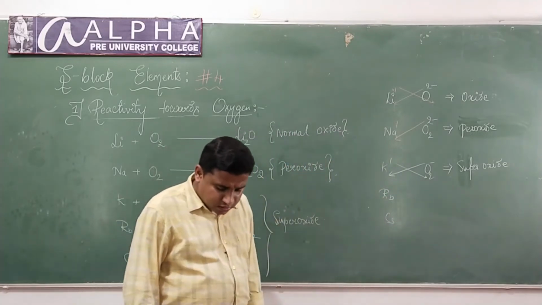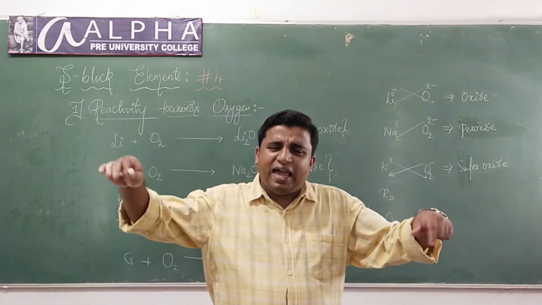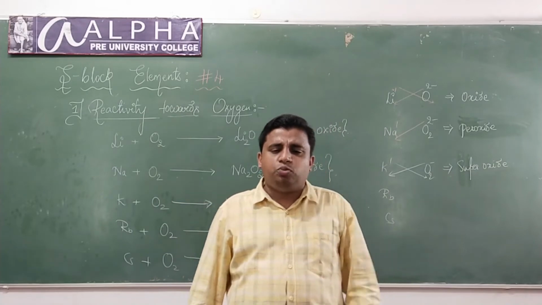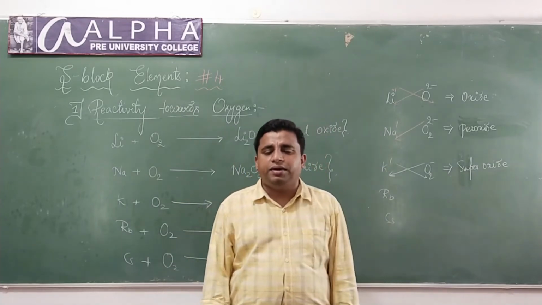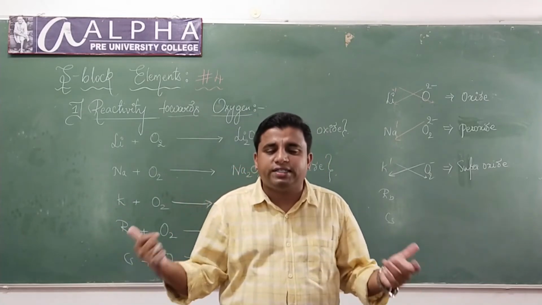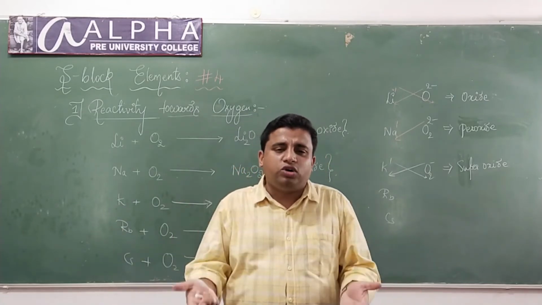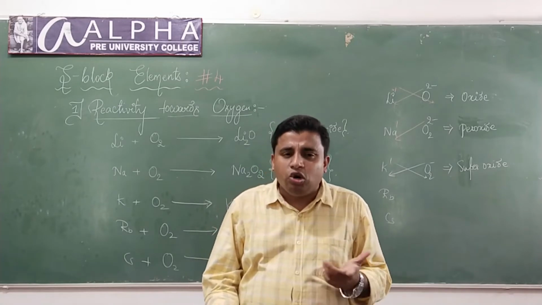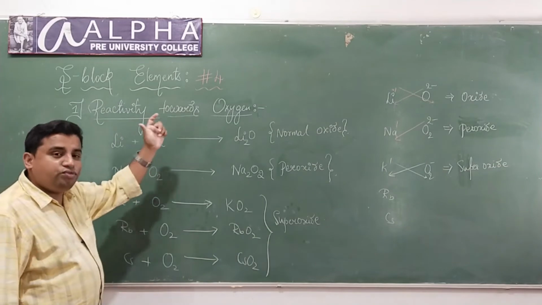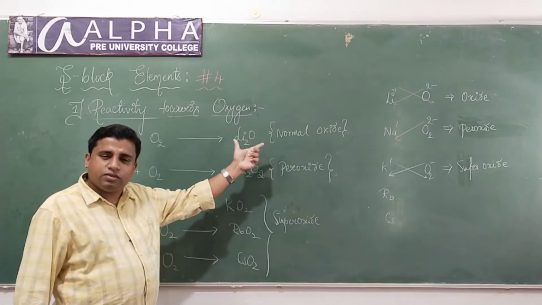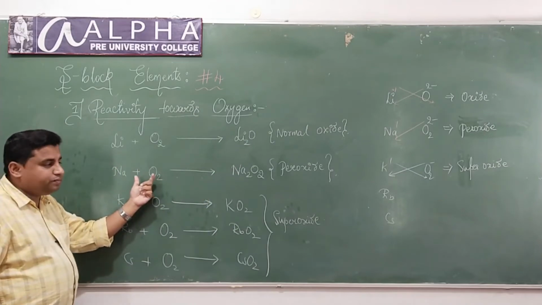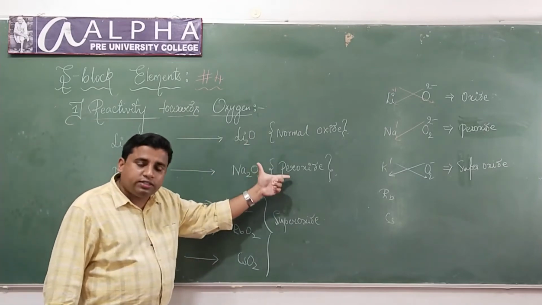Whenever any element, as I said in the beginning of S block elements, we have 118 elements, reacts with oxygen, it forms oxides. But we have different types of oxides here. When lithium reacts with oxygen, it forms a normal oxide, that is lithium oxide. Sodium forms sodium peroxide.